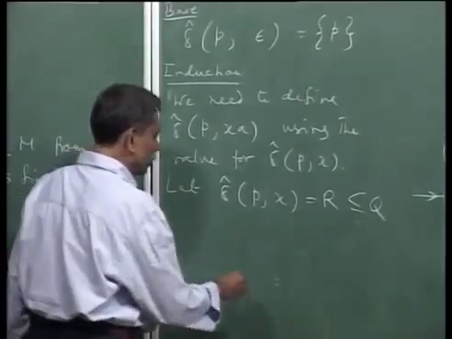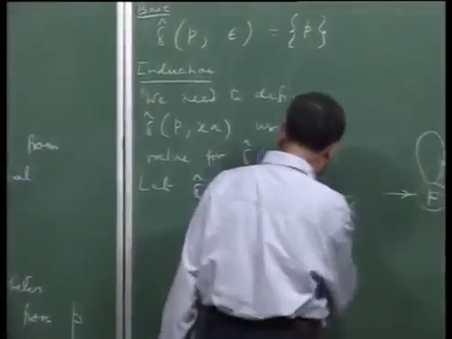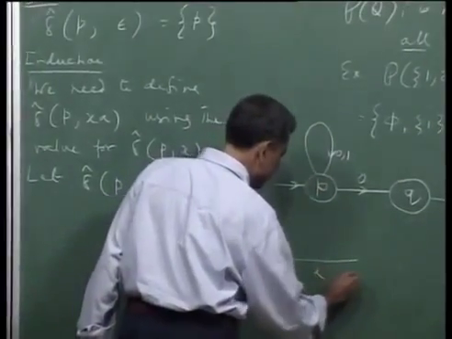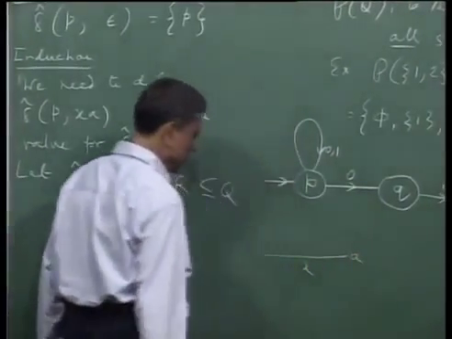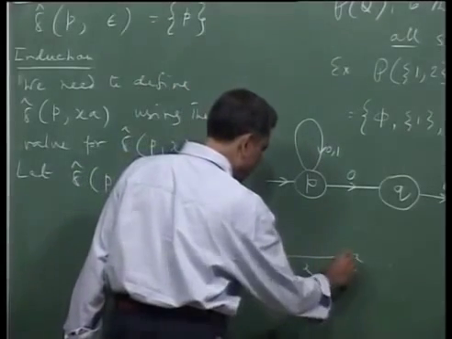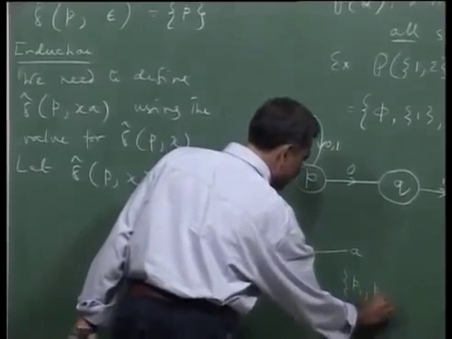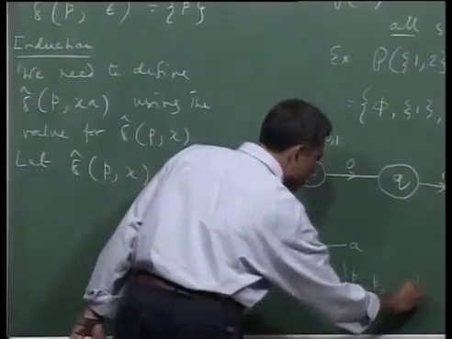Right. So just before I write down formally what is happening, let us say this part is x and this part is a, and after reading x the machine is in some states, let us say it can be in one of these states.